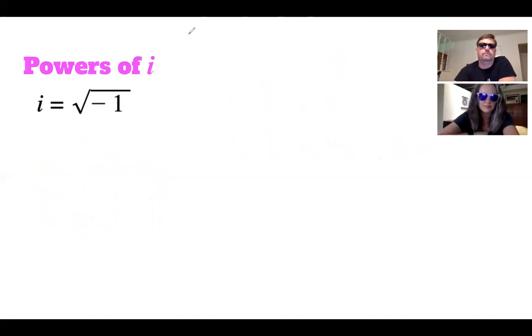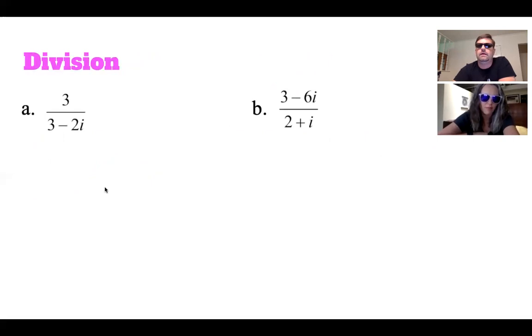All right, so we can move on to division, I think. Yep. Now, complex number division needs those complex conjugates. What we end up doing is we want to get rid of the imaginary part in the denominator. That's our goal.